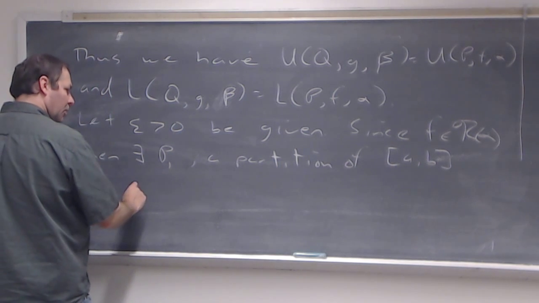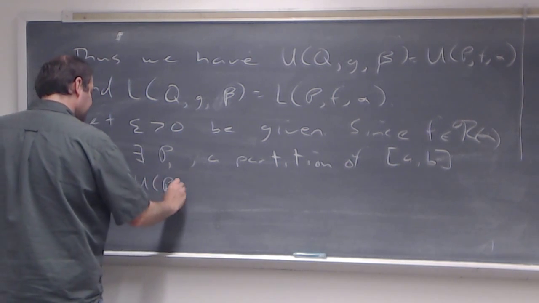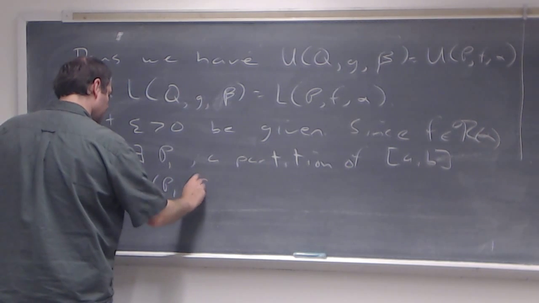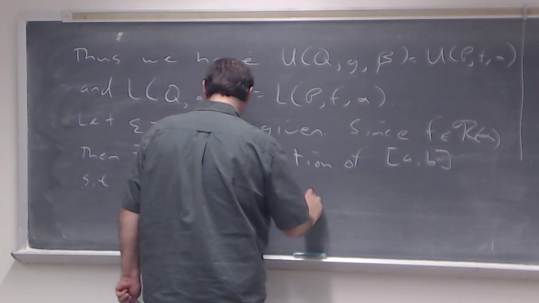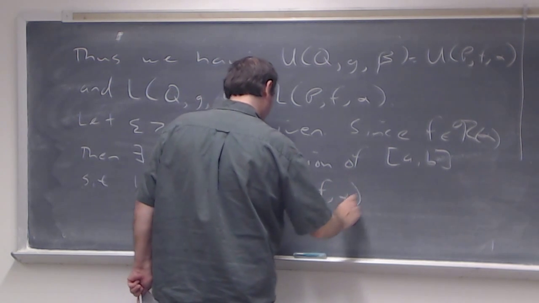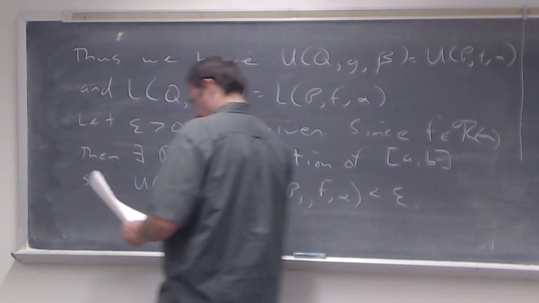So there's P sub 1 such that the upper sum of P sub 1, f, and alpha minus the lower sum with P sub 1, f, and alpha, that's less than epsilon.